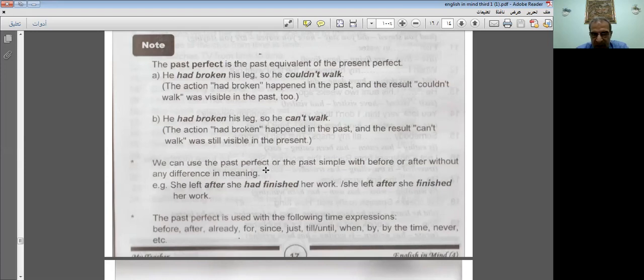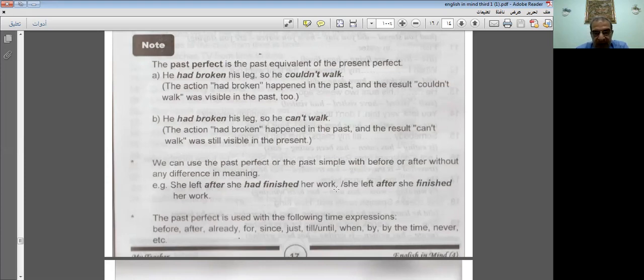We can use the past perfect or the past simple with before or after without any difference in the meaning. So after is followed by present perfect, past perfect or past simple, no problem. She left after she had finished.